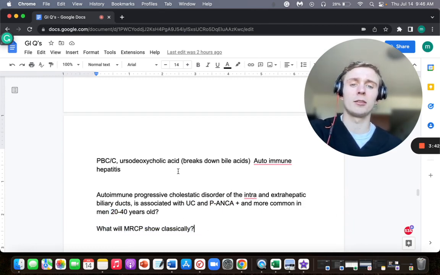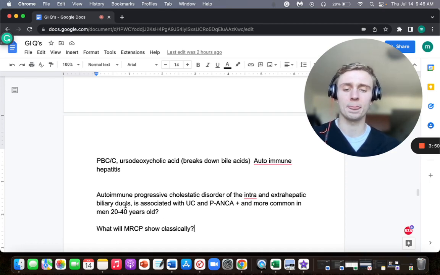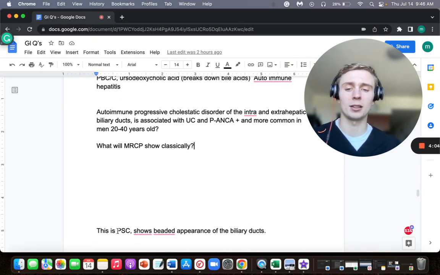So remember, the first one, PBC, was intrahepatic. This one is intra and extrahepatic. And PBC was not associated with P-ANCA. It was associated with mitochondrial antibodies, and it was also more common in women 30 to 60, whereas this one's more common in men 20 to 40. So this is going to be primary sclerosing cholangitis, PSC.